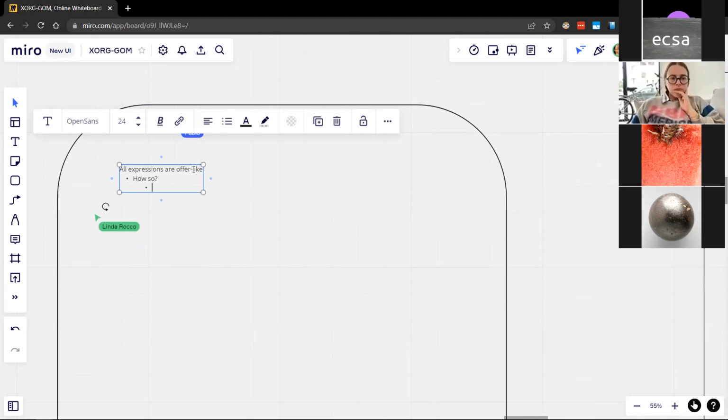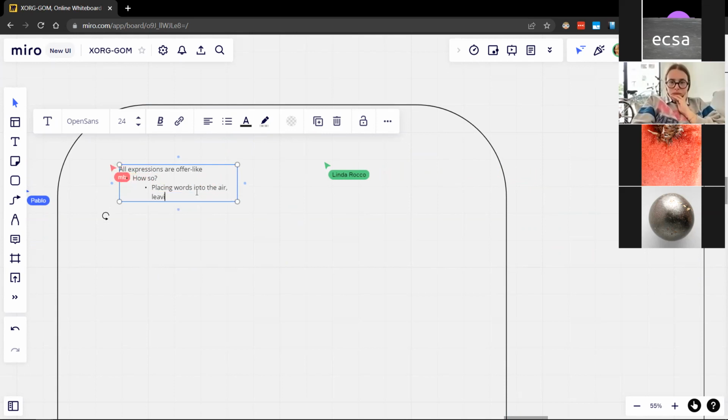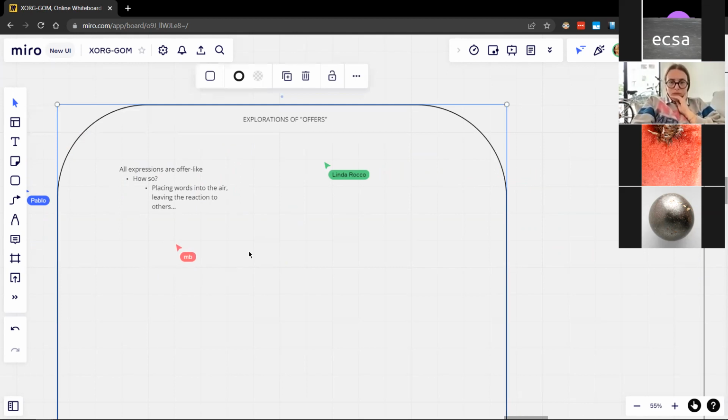And maybe I'll add something to that, because otherwise I'm putting you on the spot so much. I'll make a placing words into the air, leaving the reaction to others, which describes an offer-like state.